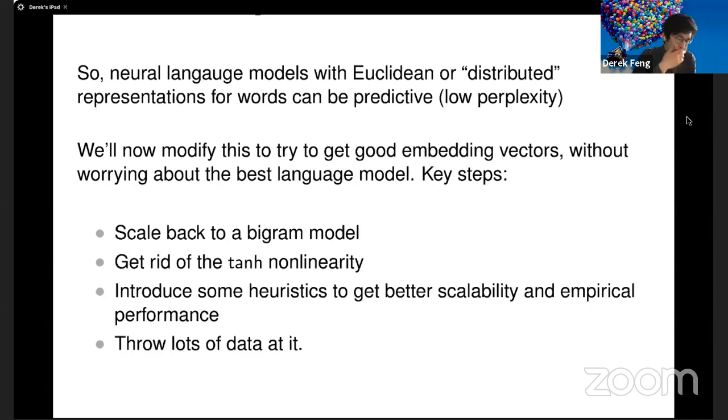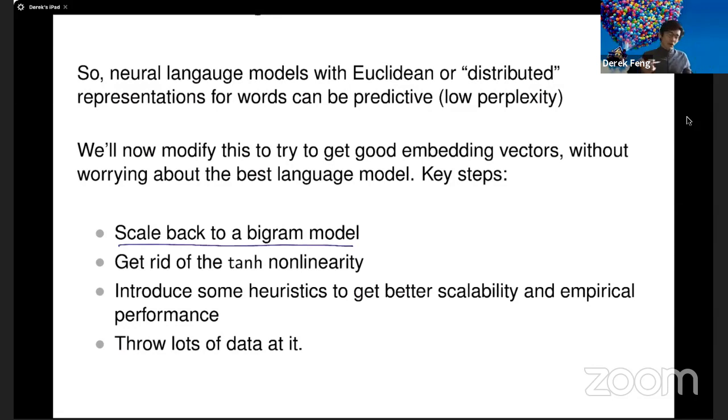Okay, so the first thing we're going to do is scale back to a bigram model. So when we looked at the general neural language model, we had these n-grams.